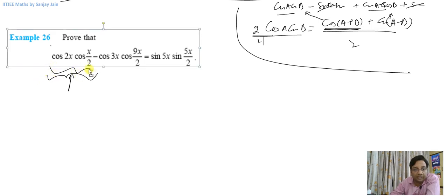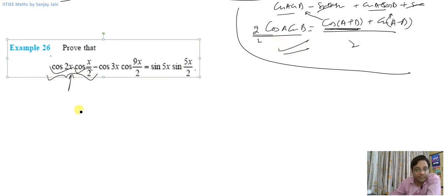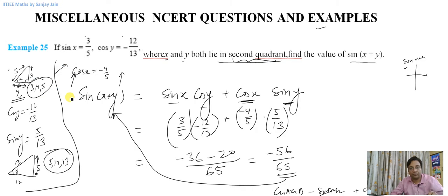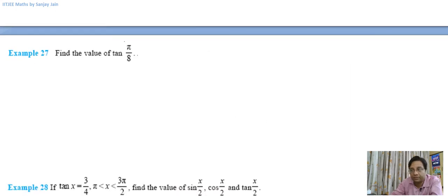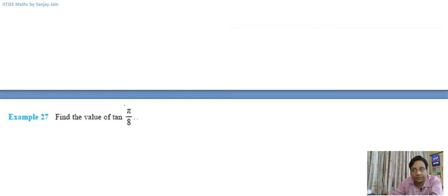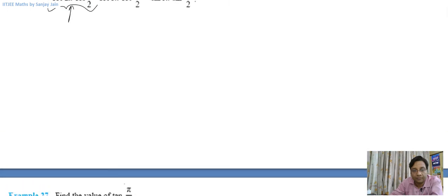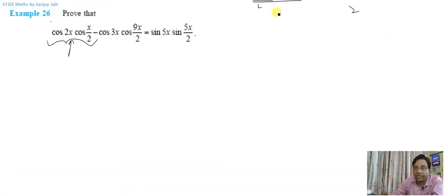So let us write this using this here. Okay, I hope that identity is there in your mind. So let us apply it here. Cos A cos B. So I'll write 2 cos A cos B and then divide it by 2.